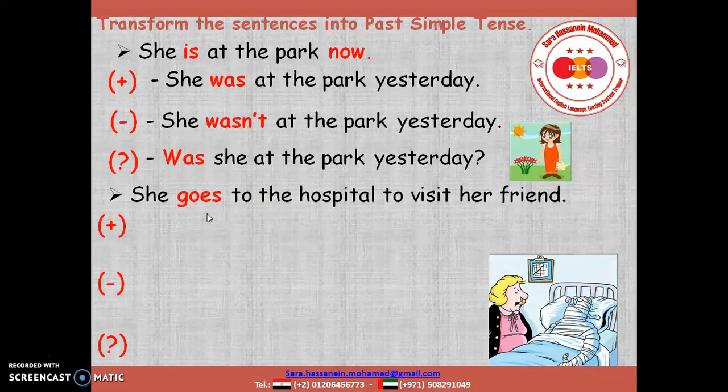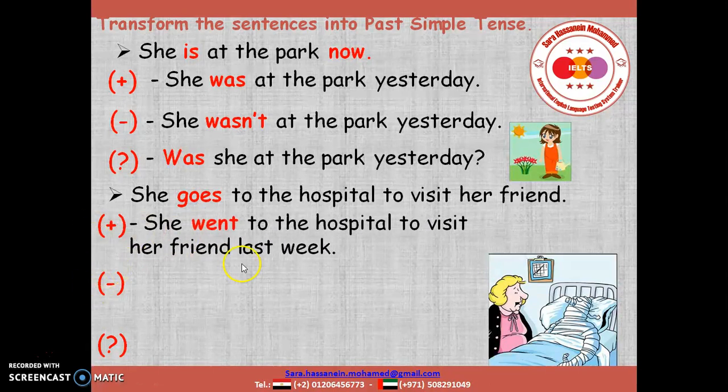Then let's move on to a verb which shows action. In the past form, you have to check, is this one a regular verb in which you have to add ed, or is it an irregular one which you have to change. Of course, the word go here is an irregular verb. So you have to change it to be went. She went to the hospital to visit her friend last week.